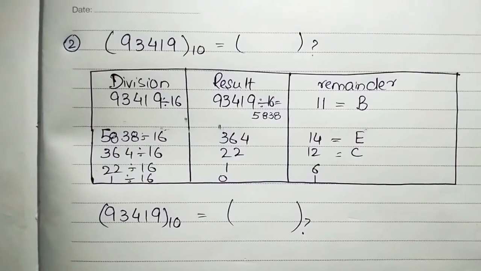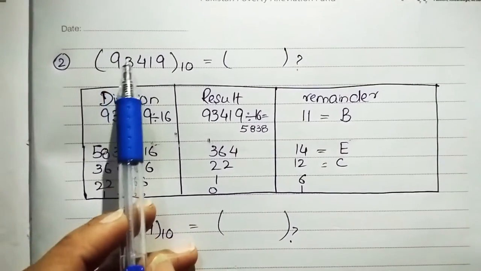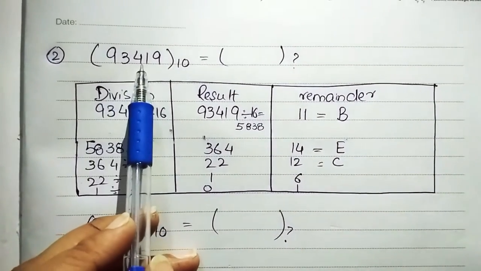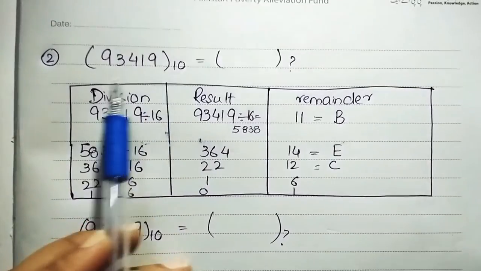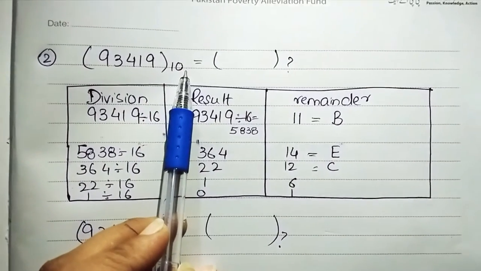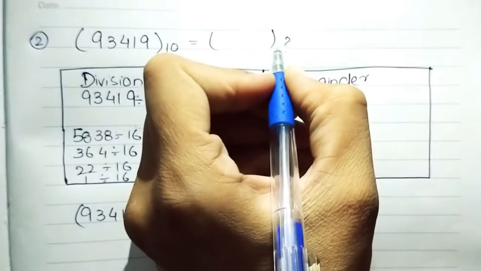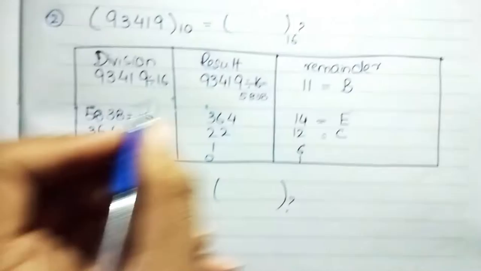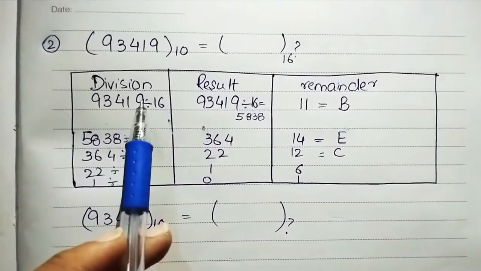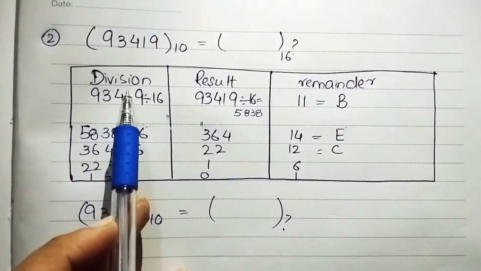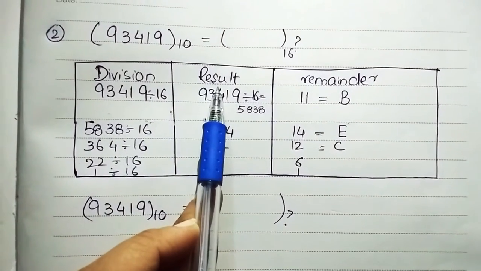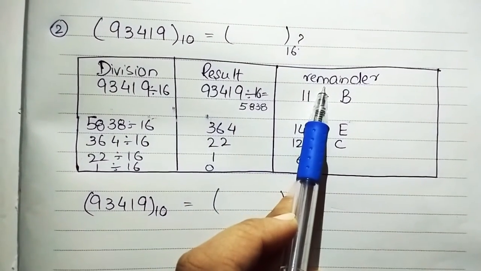Here is another example in which we will convert a number that is 93419, which is a decimal number, and we are supposed to convert it into a hexadecimal number. Again we will follow the table where the first column is of division, the second column is of result and the third column is of remainder.